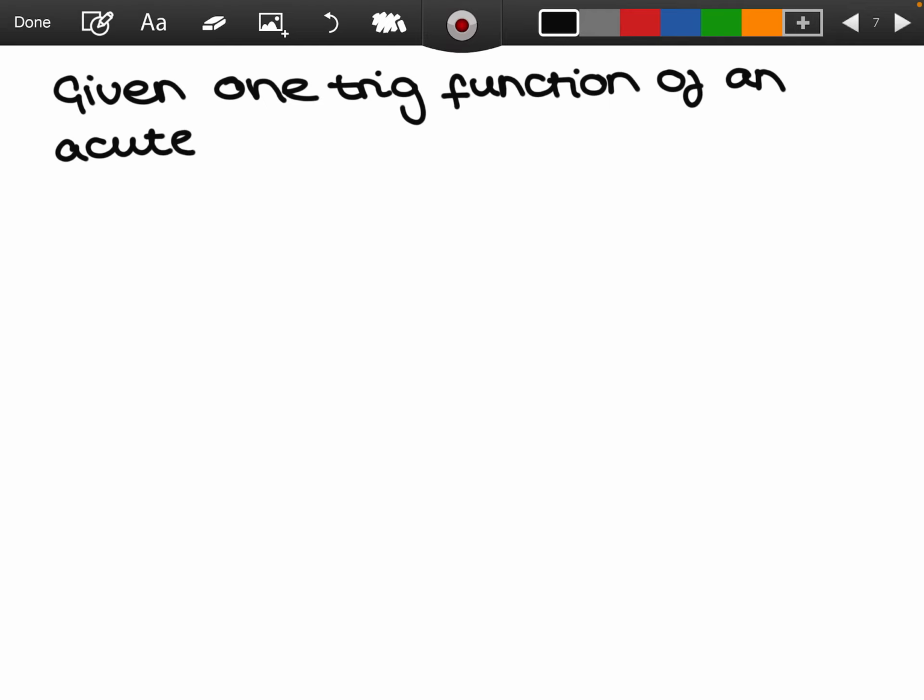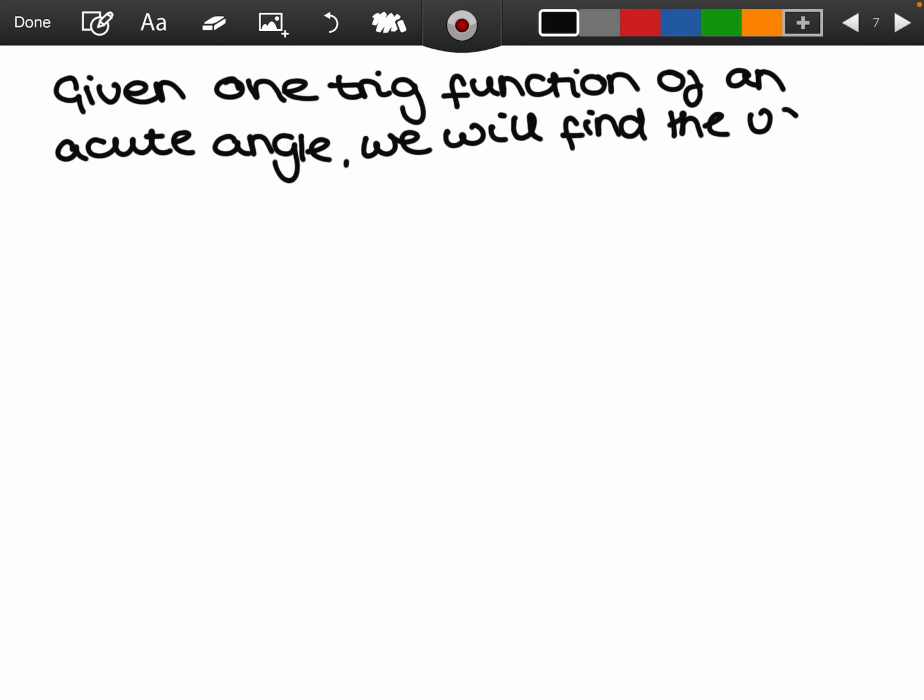So if you go ahead and draw out that terminal ray, like we did in our last chapter, it's going to sit in that first quadrant. Okay, so given one trig function of an acute angle, we will find the value of the 5 other trig functions.